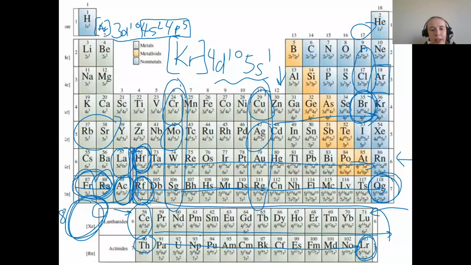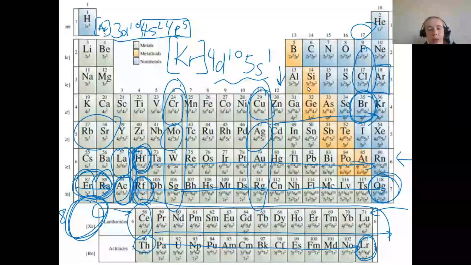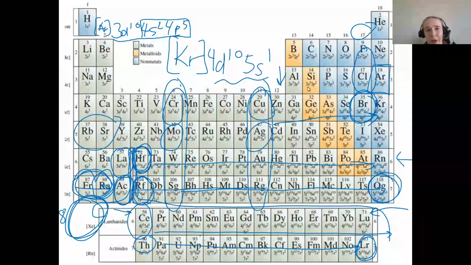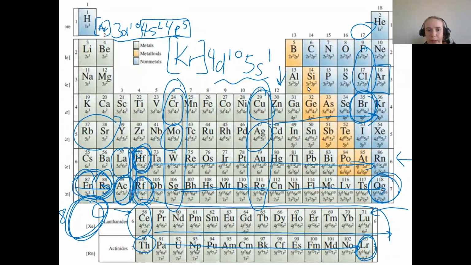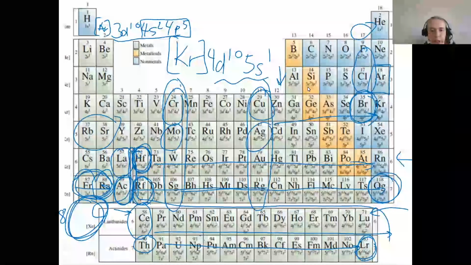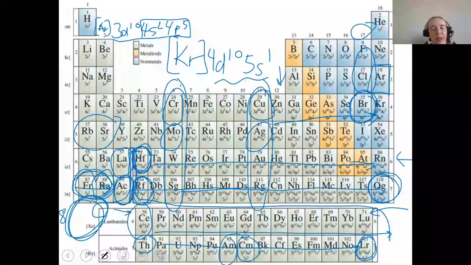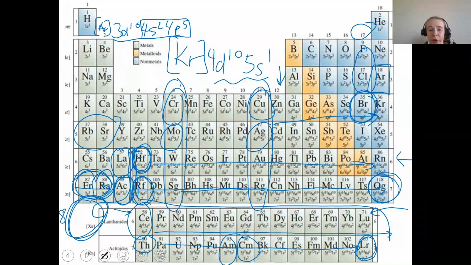So the actinides are where we start seeing artificial or synthesized elements, ones that we can't really say we discovered as much as we created. And those start with americium. Americium and curium. Curium was named after Marie Curie.